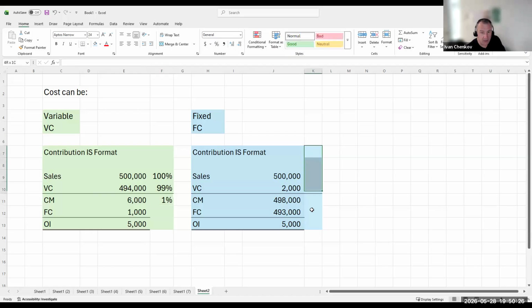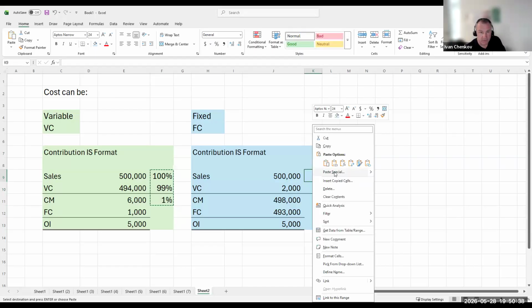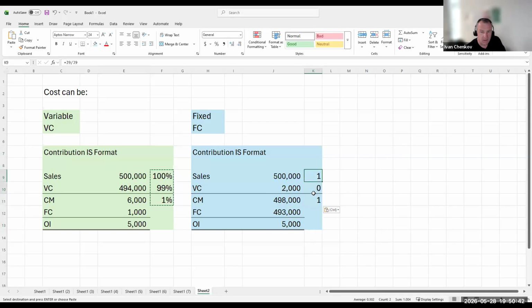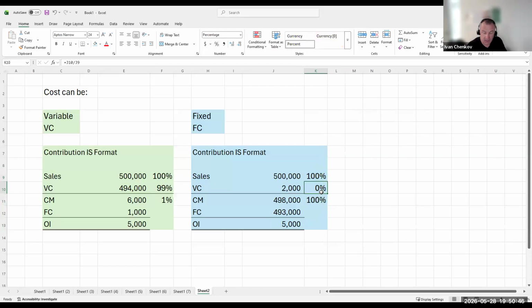In this company, completely different scenario. What that means? That means that, again, the sales will be... I have to space it here as a formula and express it as a percentage. And then we're going to have this one, 2 divided by 500,000.